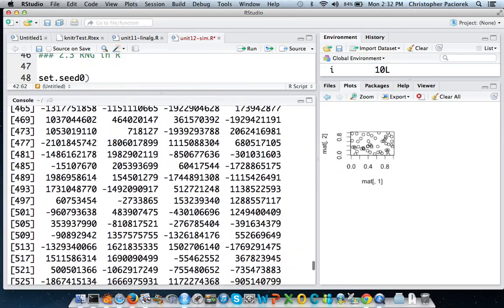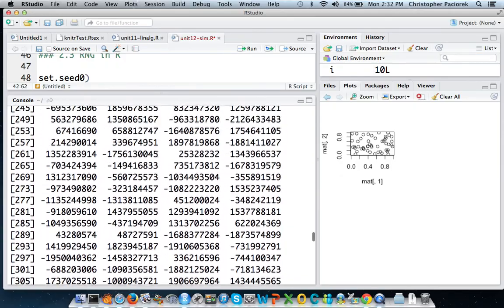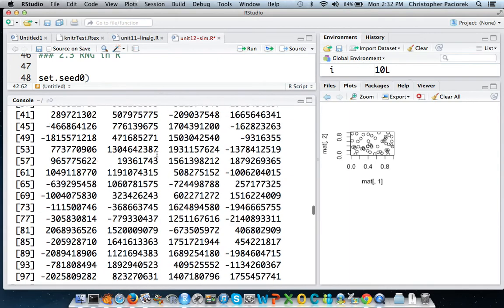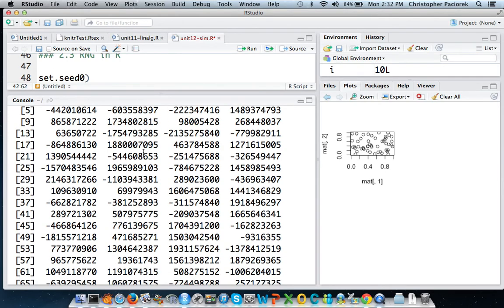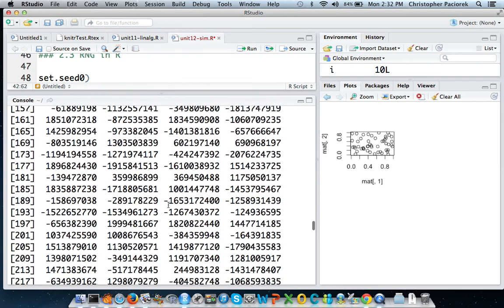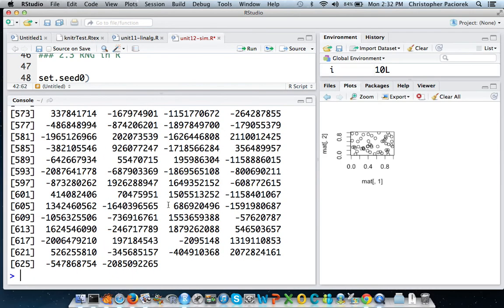Remember, the first number in the seed vector indicates what the generator is. So 403 codes for the Mersenne Twister, and then this is the set of integers serving as the seed.